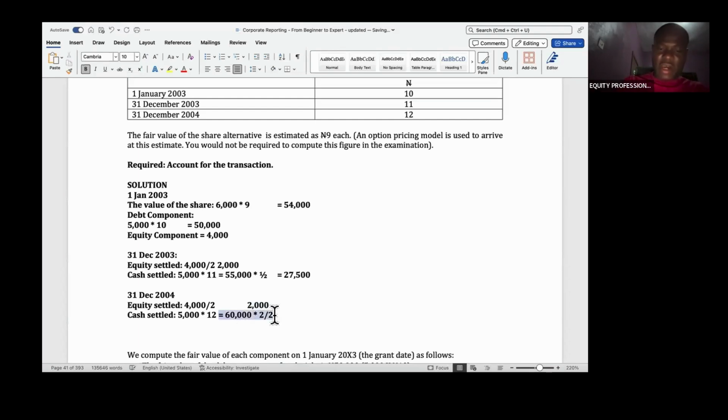Here, 60,000 is what will be the liability. What will come in as staff costs will be the increment, just like we have been doing, which is 60,000 minus what was recognized in year one, which is 27,500. And that gives us how much?